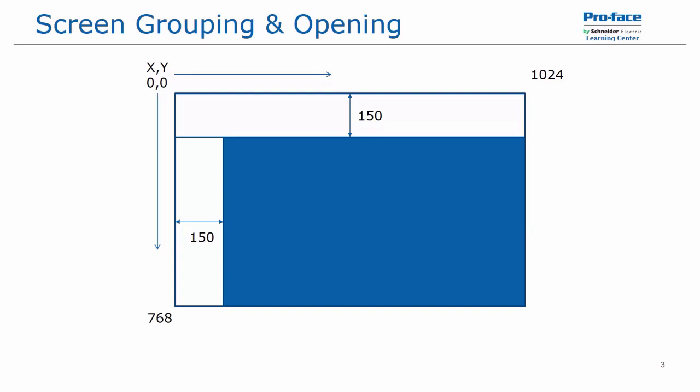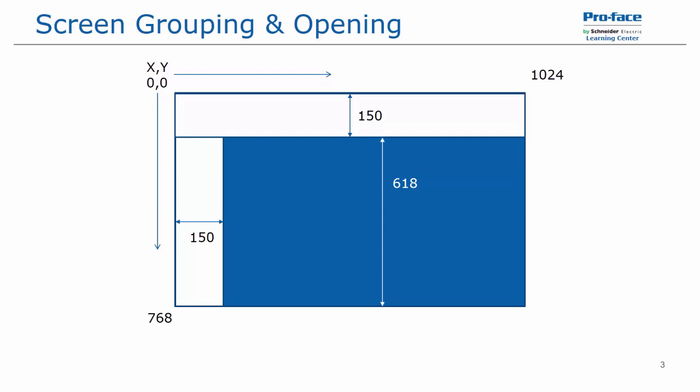Because of how screen graphics work, they originate from the upper left-hand corner of the screen, and that is a starting location of 0 and 0. So, for the main screen, for its height, along with the height of the navigation, if we have 768 pixels in height and we have to subtract 150, that gives us a height of the main and navigation screens of 618.